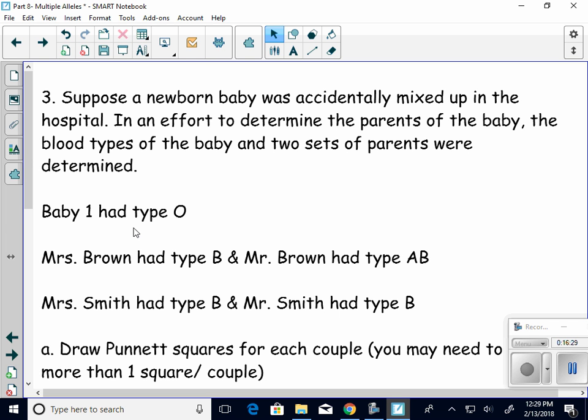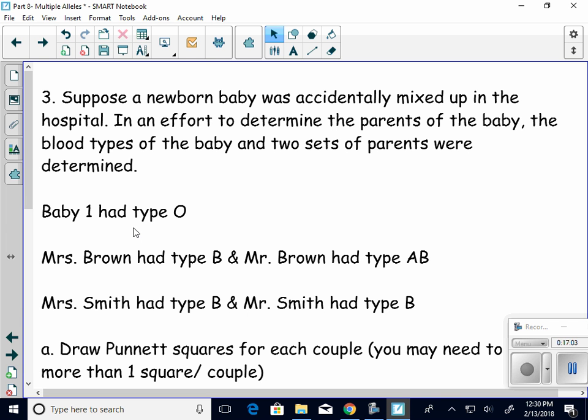In an effort to determine the parents of the baby, the blood types of the baby and 2 sets of parents were determined. Now, does this ever happen? Yeah. They've had it when people have left the hospital with the wrong baby and actually raised the wrong kid. It's happened before. Okay? Now, they take a lot of safeguards to prevent this from happening, but it has happened.